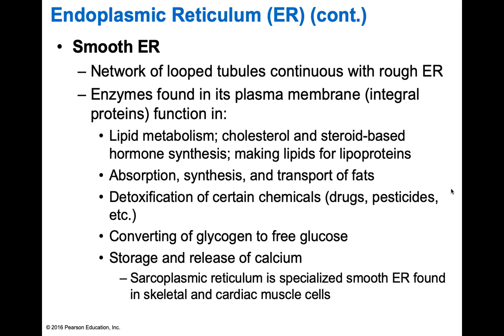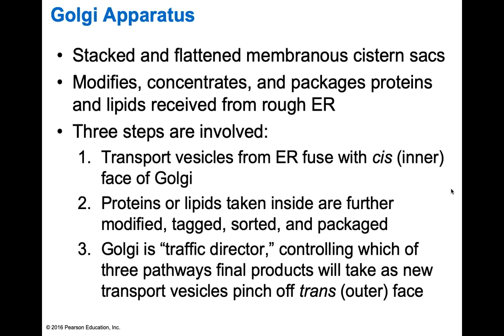We have detoxification happening here. So you'd have a lot of smooth ER in maybe your liver, maybe your kidneys. You have the conversion of glycogen to free glucose happening here, storage and release of calcium, and some other functions as well. A lot of them are dealing with lipid metabolism, though. This is where a lot of this is actually occurring.